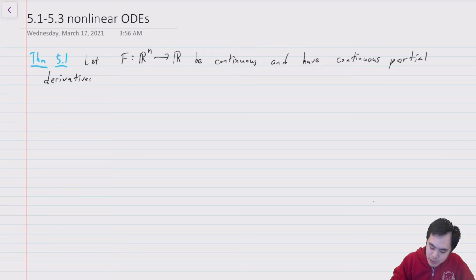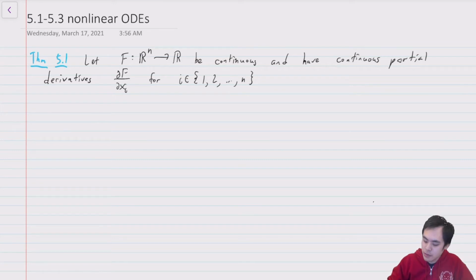And we're going to assume it has all n continuous partial derivatives, so df/dx_i, using x_i for each of the coordinates, for i from 1 to n. Then there exists a unique solution to the initial value problem.